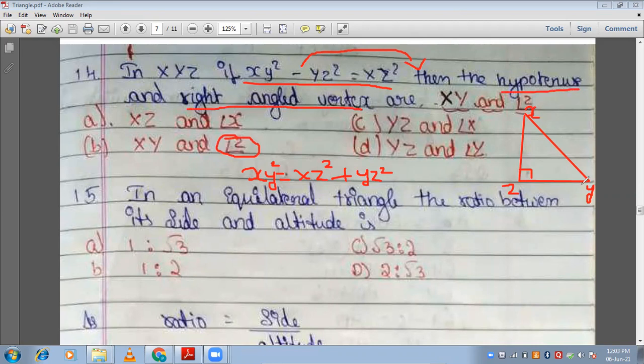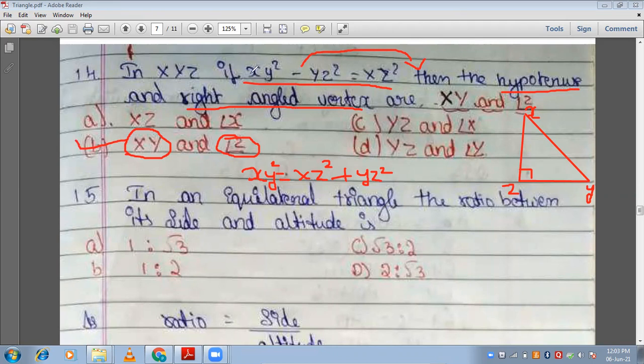So the hypotenuse is XY. Which option is correct? Option B is right.